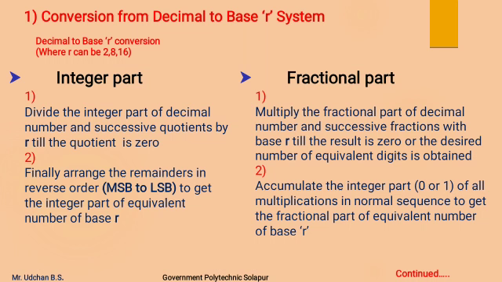After the complete division, we are going to arrange the remainders of successive divisions in reverse order to get the required equivalent number of base. In case of fractional part, we are going to multiply the fractional number by a required base successively till we get the result as 0.